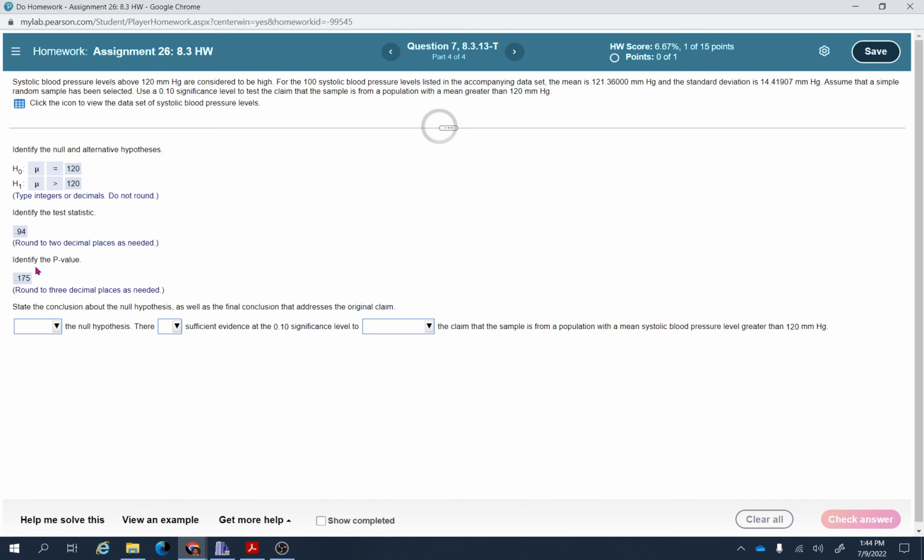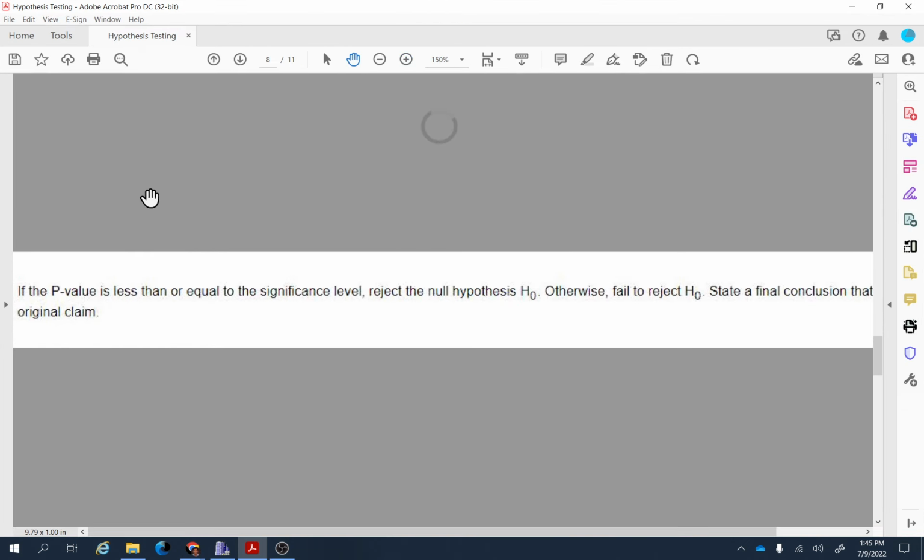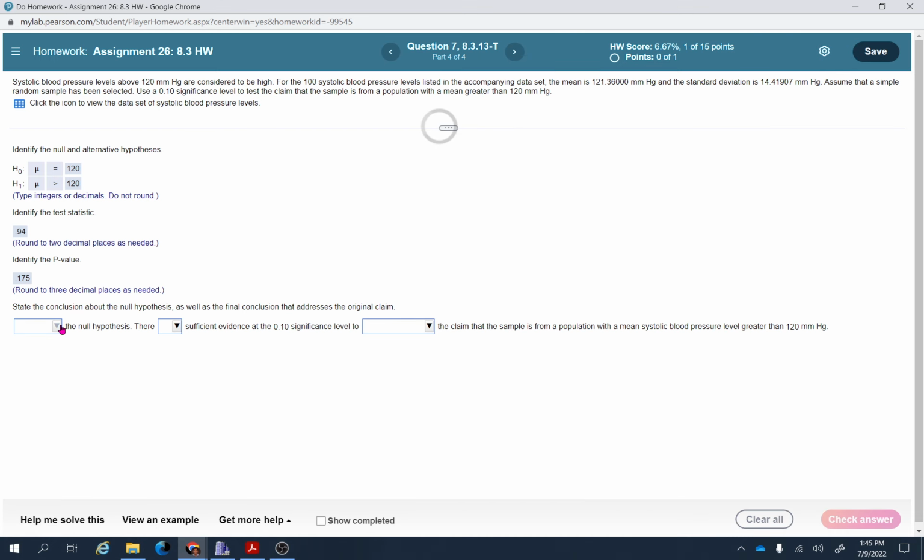Since this p-value is greater than the significance level, let's go here and check. If the p-value is less than or equal to the significance level, then reject the null hypothesis. But in our case it's greater than, so fail to reject the null hypothesis. There is sufficient evidence at the 0.10 significance level to support the claim that the sample is from a population with a mean systolic blood pressure level greater than 120.